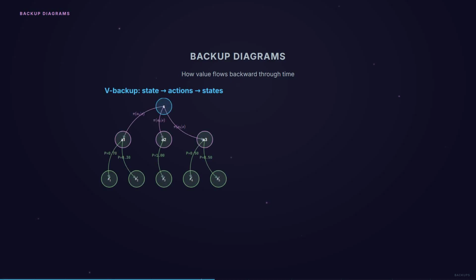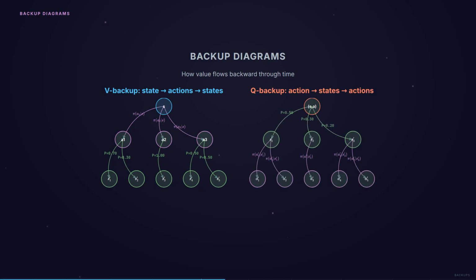For V pi, the state node branches into actions weighted by the policy. Each action branches into next states weighted by transition probabilities. The value backs up from the leaves to the root. For Q pi, the action node branches into next states weighted by transitions.